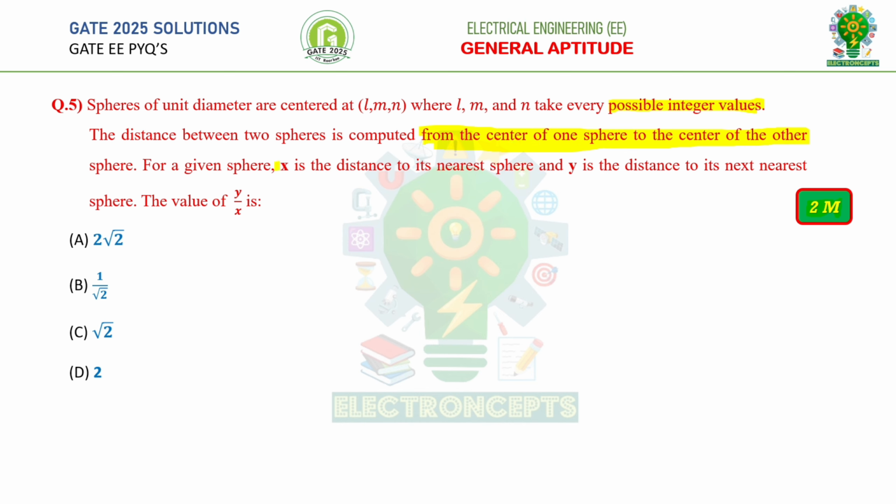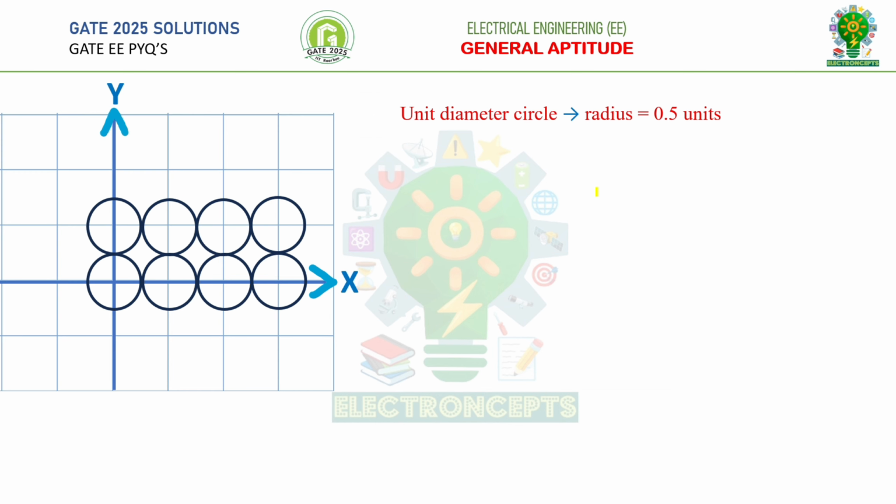For a given sphere, x is the distance to its nearest sphere and y is the distance to its next nearest sphere. Find the value of y by x. To solve this question, let's consider a graph. Since L, M and N can take only integer values, which are 0, 0, 0, 1, 1, 0, 1, 1, etc. It is given that the unit diameter circle has its diameter equal to 1.